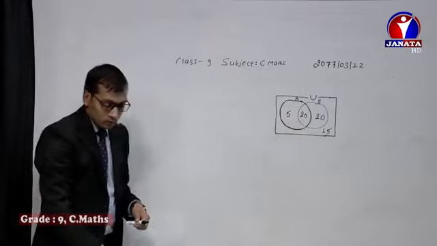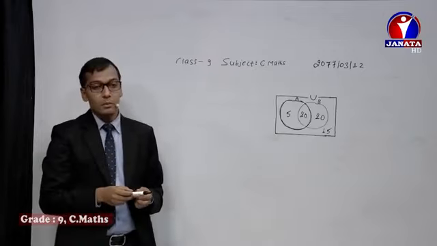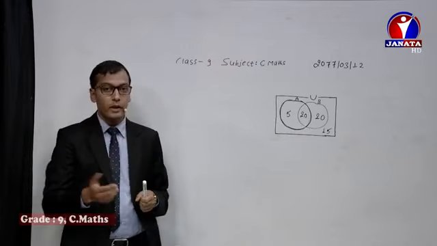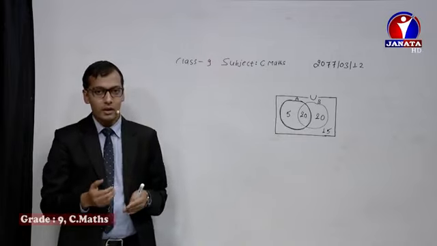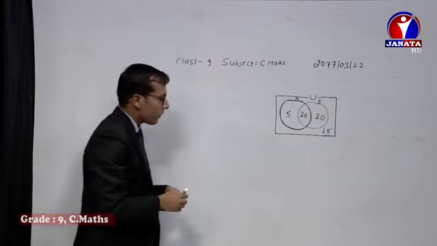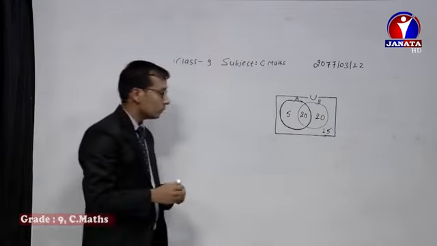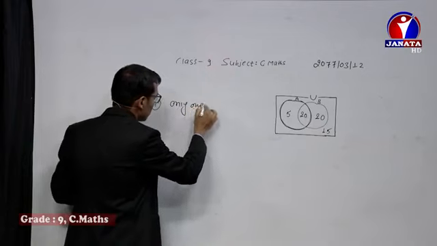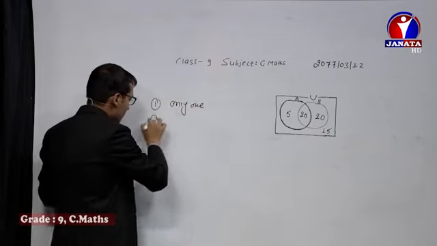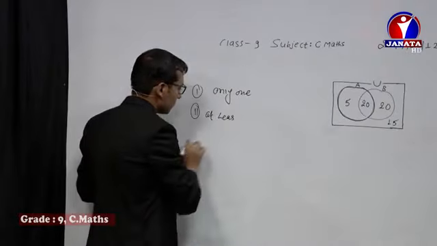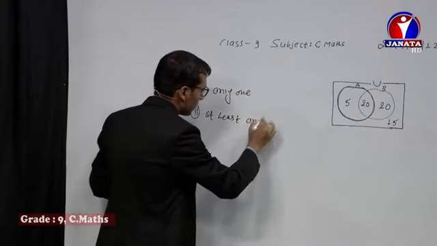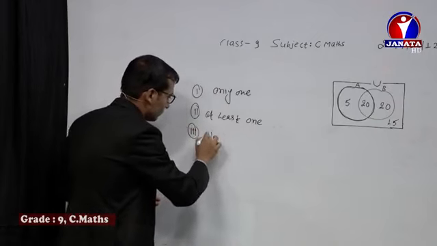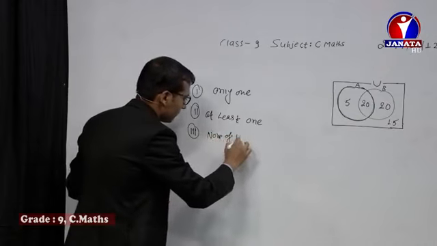Now with the help of this diagram, let me talk about different terminologies, different key points that we need to know in the exercise of sets. If the question uses words like only one, second at least one, and third none of them.